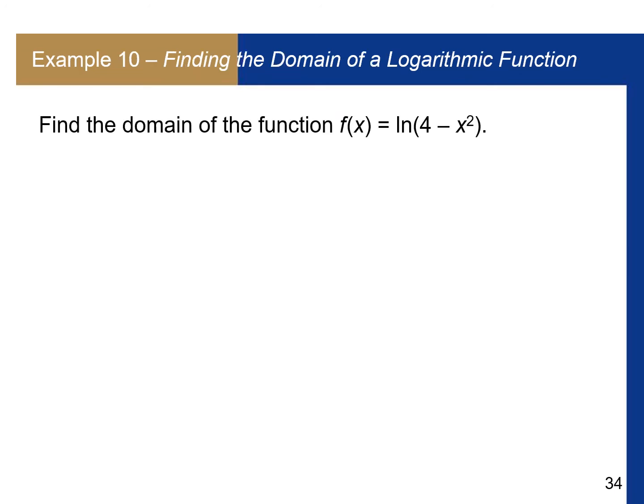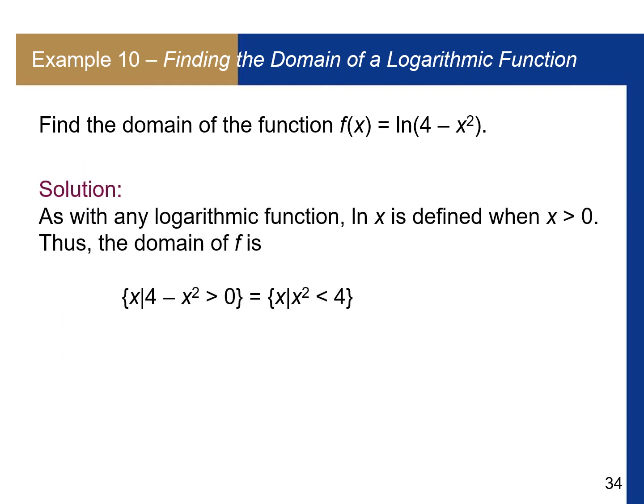Okay, so finding the domain of the function, we're going to want to take a look at the inside here. We have 4 minus x squared. We know it's only defined when this is greater than 0. So we have to take this and set it greater than 0. And when we solve that, we will get x squared is less than 4.